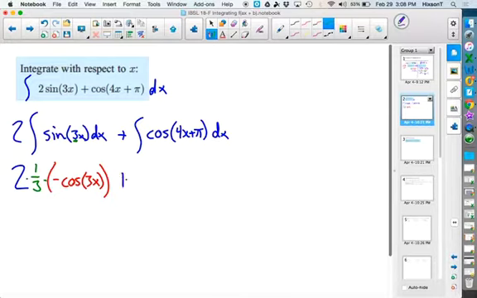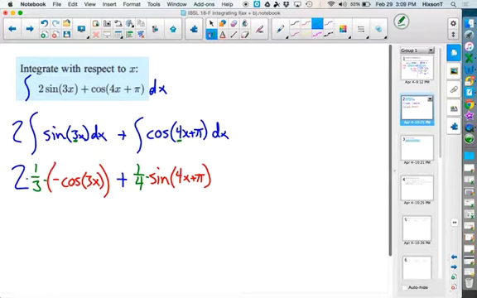So we've got that. Plus, what's the integral of cosine? Sine. So it's sine of 4x plus pi times 1/4. Very good. Because again, 4 would be the derivative of that inside function.